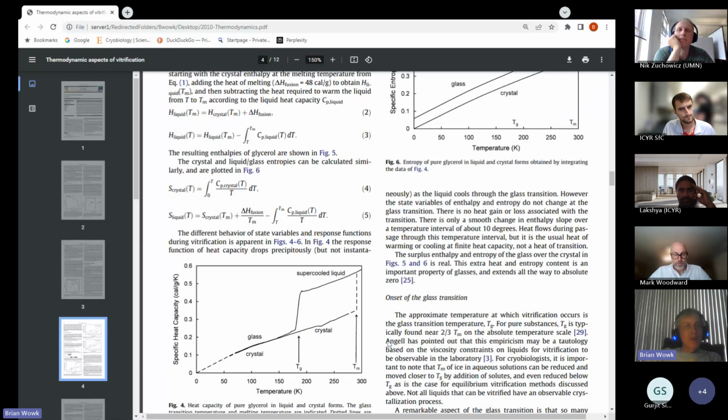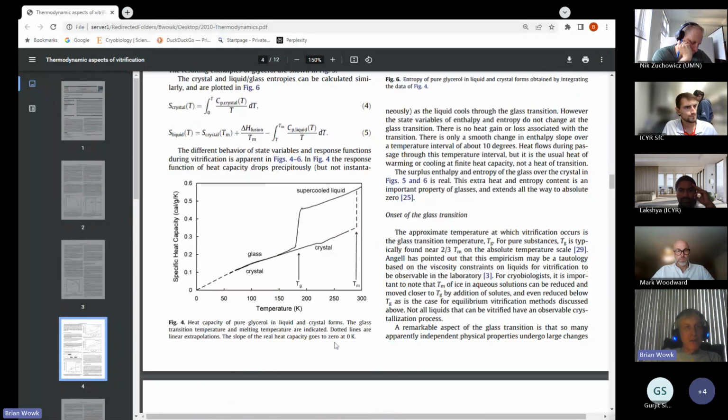And what you find is that the supercooled liquid has a higher heat capacity than the crystal, and then you get a glass transition, and once you've glass transitioned, the heat capacity of the glass and crystal are practically the same. And this is starting to look a lot like a DSC curve, because as we all know, what DSC curves at a constant warming or cooling rate are plotting are changes in heat capacity. So that's the story of that curve.